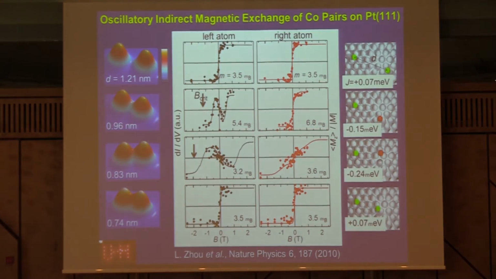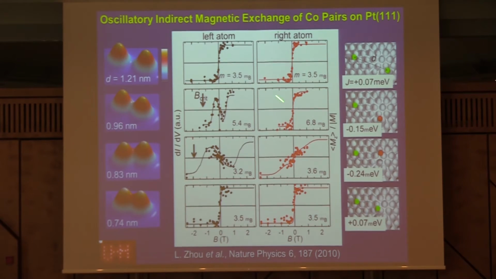And we could do so not only for the coupling between atoms and nanostructures, but also between atoms in a pair. For instance, this is a cobalt pair on platinum, where we see for this distance regime given here and here that we have a ferromagnetic coupling, whereas for this distance regime we observe an antiferromagnetic coupling extracted from the single atom magnetization curves.